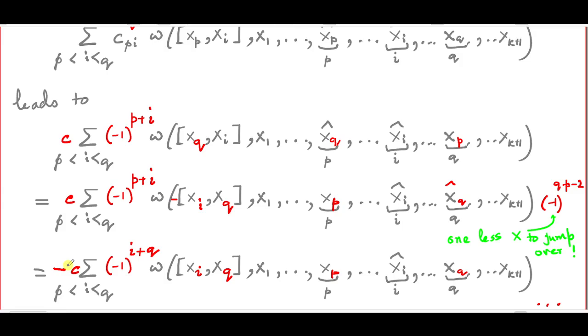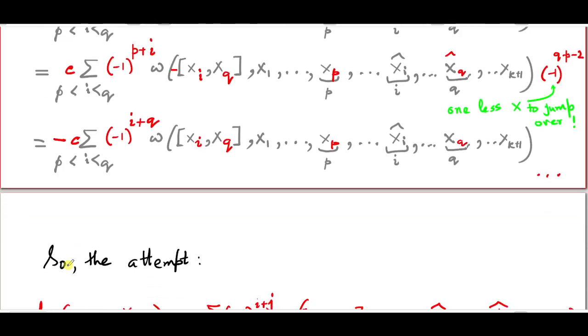And it's rather obvious that if we were to do this to the other term, the one in which XQ is in the Lie bracket and I was between P and Q, you would get the negative of the term that we are working with here. So ultimately, with C_{ij} given by C into (-1)^(i+j), the entire proposed exterior derivative formula does become completely alternating.